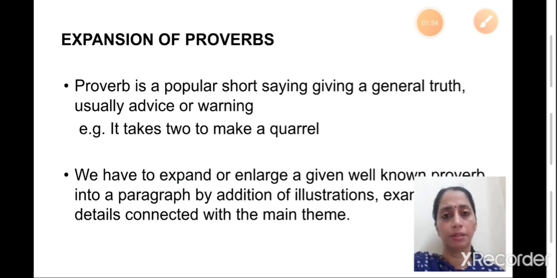Expand it by giving the meaning of the proverb and by giving some examples that relate to that proverb. So in this class, I will be teaching you how to write expansion of proverb. Let's move ahead.